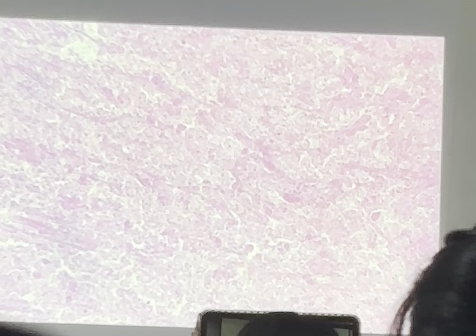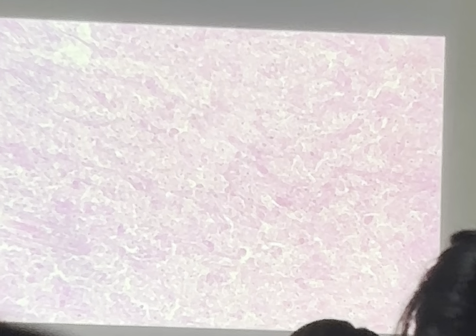And if you look at the pink stuff in higher power, it's just pink amorphous debris. It's a type of necrosis. What type of necrosis is this that you see in a granuloma? Caseous necrosis.